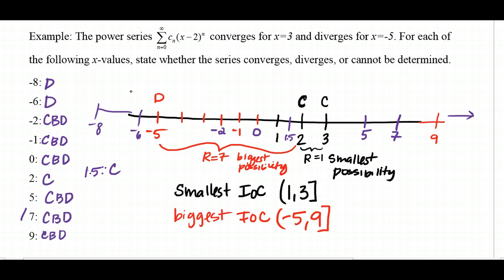So this is definitely something that comes with practice, and it takes a lot of thinking and understanding the difference between the radius of convergence and understanding that we can't tell what happens at the endpoints of our intervals of convergence, our smallest and biggest possibilities for intervals of convergence.